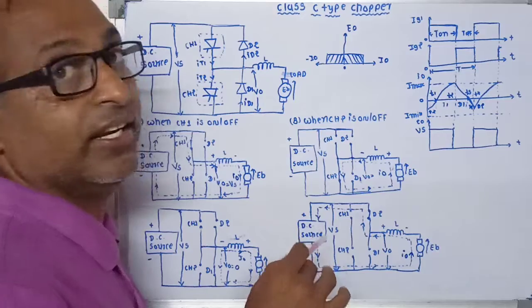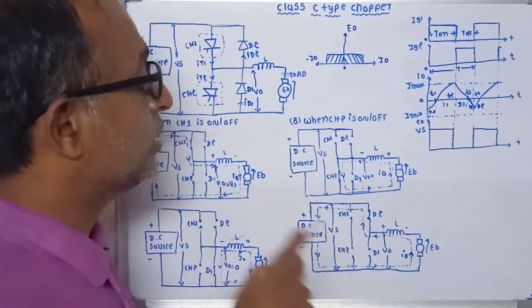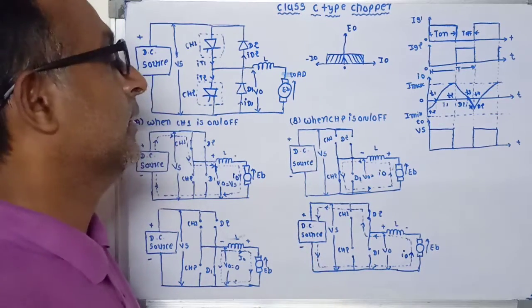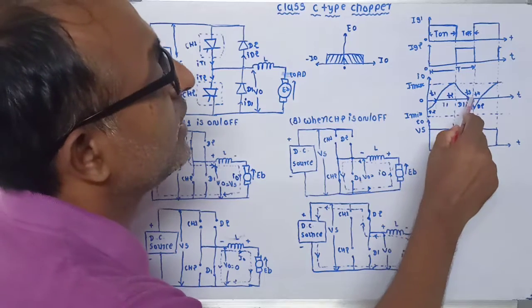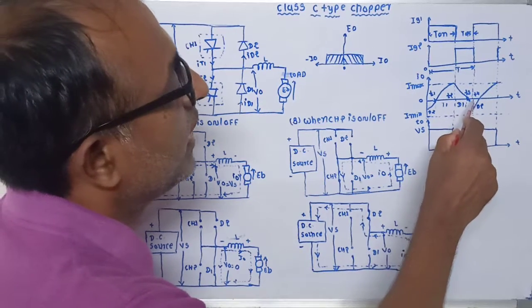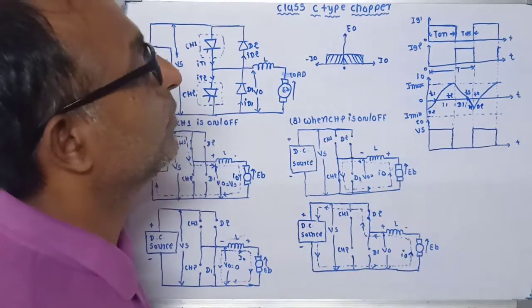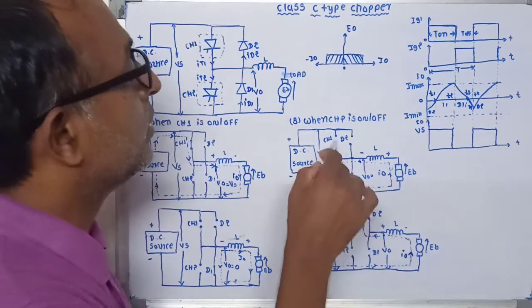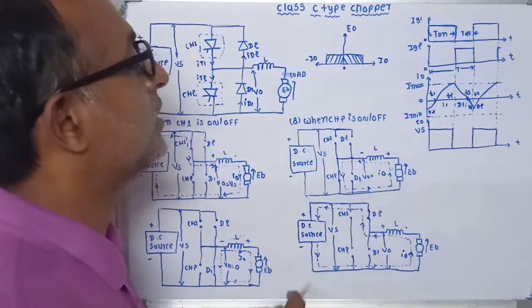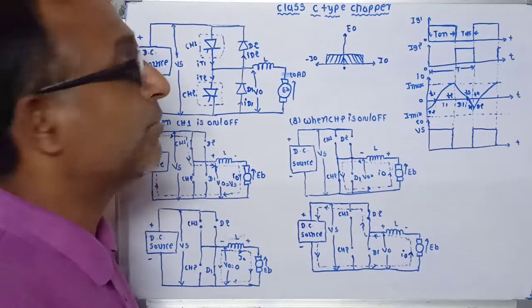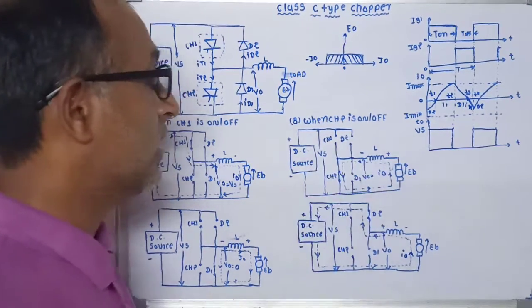It is most important. When the current reaches a minimum value, we stop chopper CH2. That means CH2 is in the off condition.